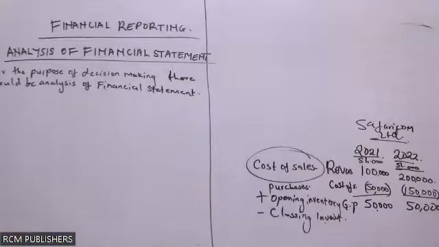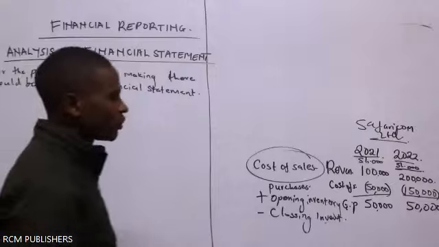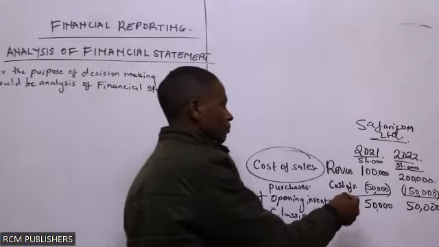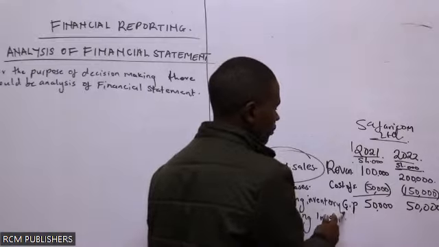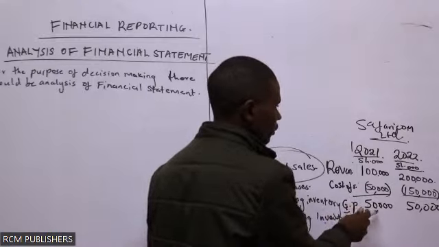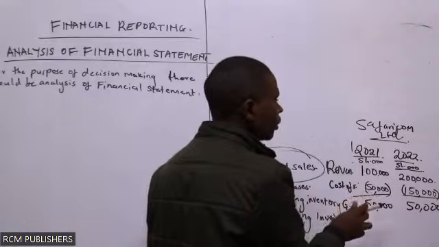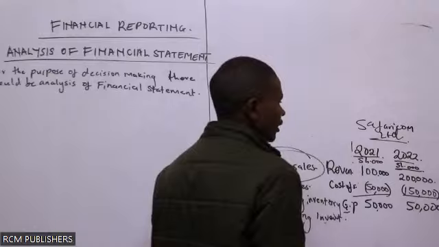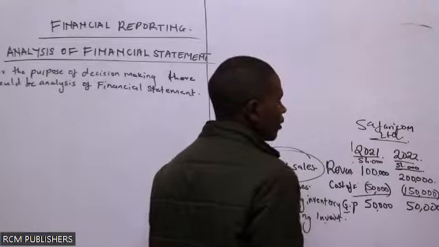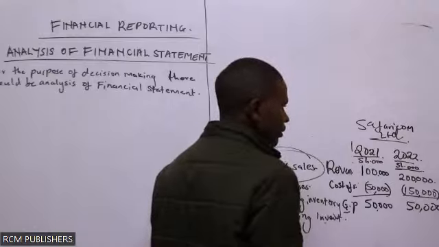So anytime we want to make a decision, for instance, now you can advise this company. You tell them that you're getting a gross profit similar to the year 2021 compared to year 2022 because you had a higher cost of sale in the year 2022.